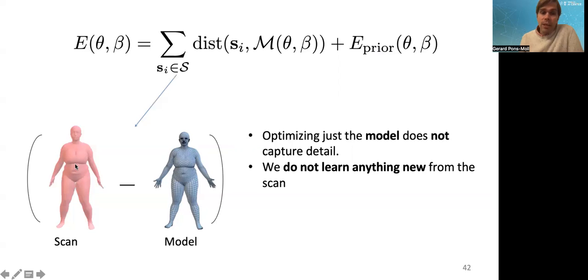It does not capture, for example, these fine details in the face, in the hair, and some parts of the body that are more detailed than what the model can express. So in essence, it's a bit absurd to do this, because if we're trying to learn the model from registrations and we're just constraining ourselves to remain in the space of the model, we're basically not learning anything new from the new scan that we're looking at. So that doesn't make a lot of sense, especially for training a model.